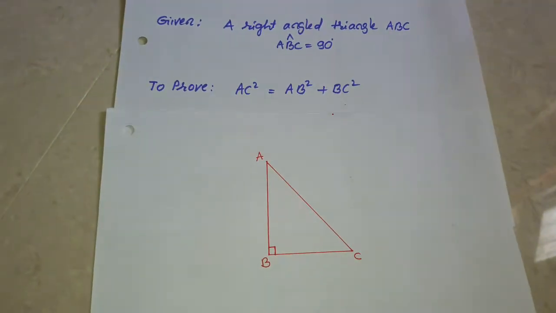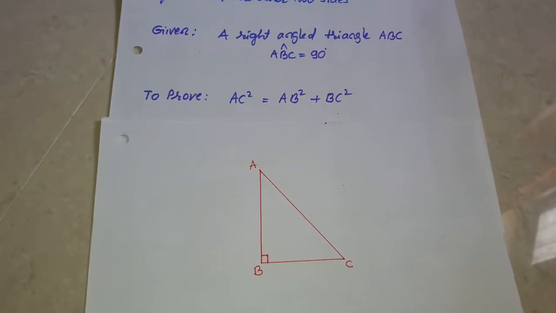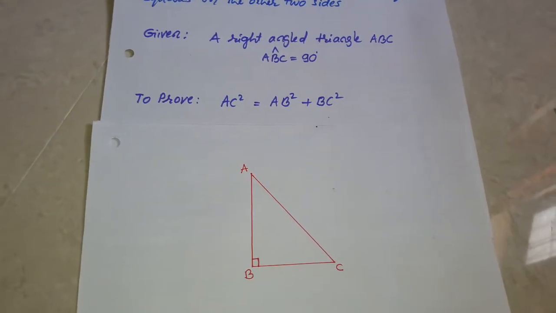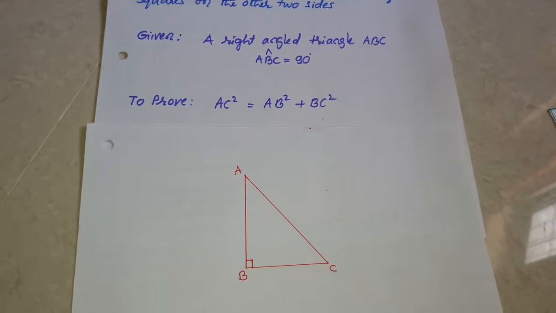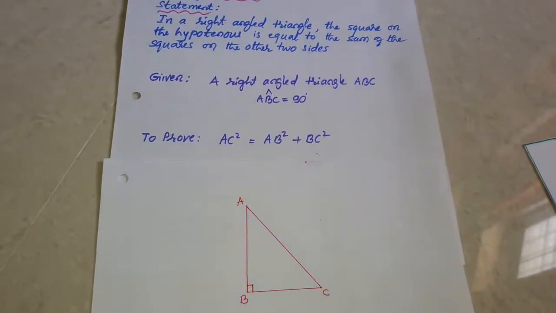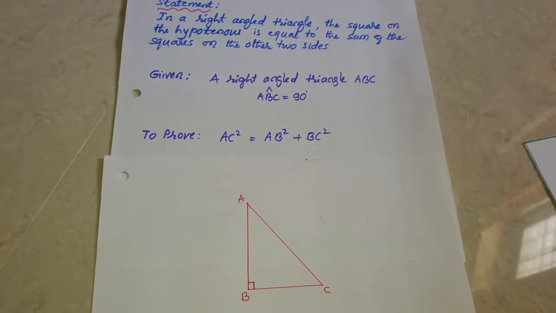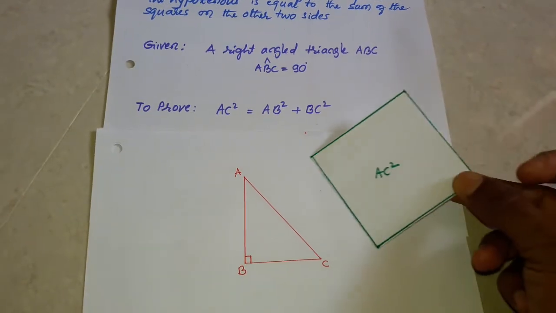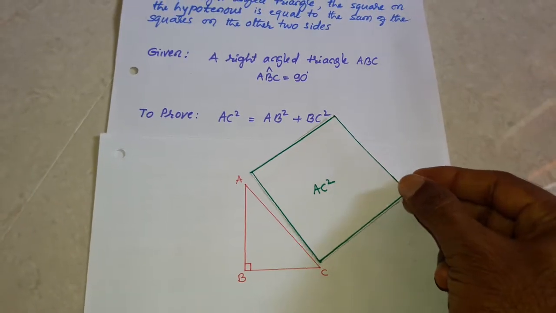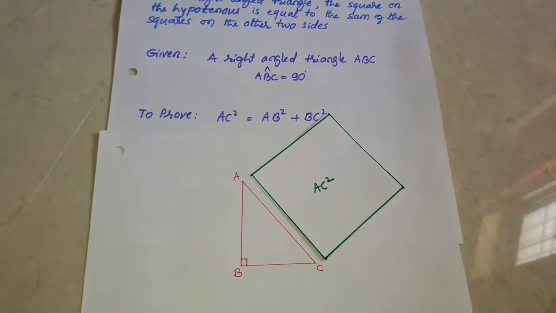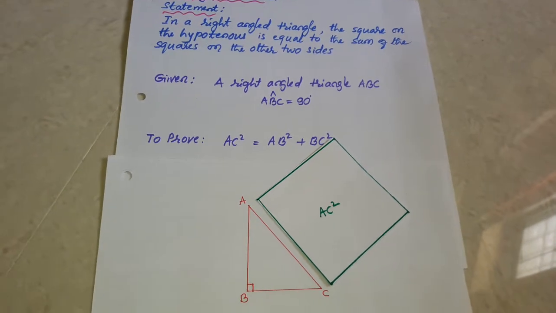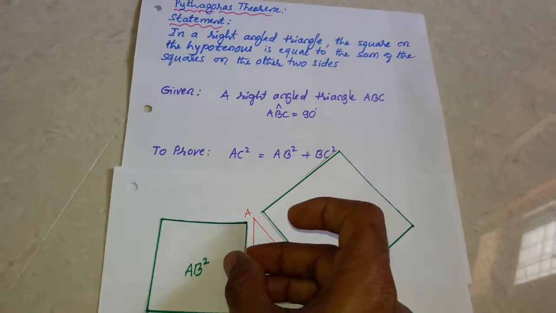Further, let's proceed to write what is needed to be proven. So what to prove? From the statement we read that the square on the hypotenuse, it is AC square, is equal to the sum of the squares on the other two sides.